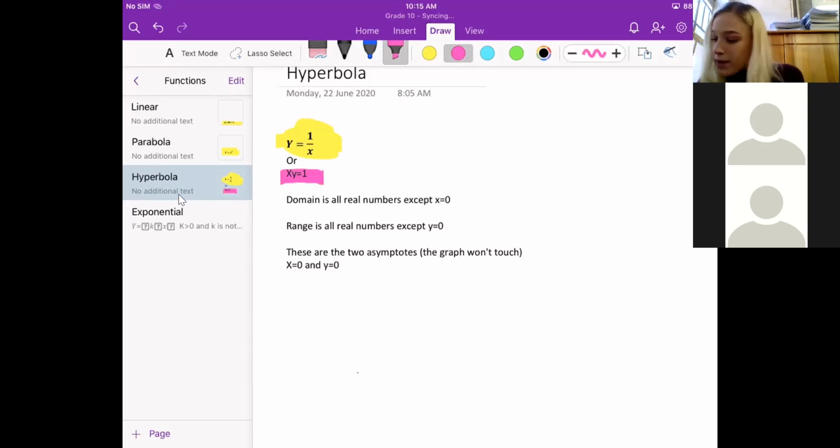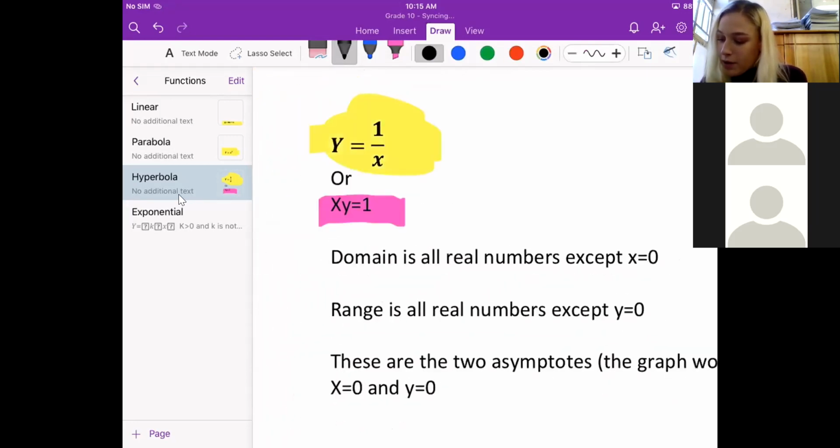But we can see from there that if we were to just manipulate our equation, we would get y is equal to 1 over x. We just divide by x on one side and we divide by x on the other side. So it's the same equation, just different forms, so that's why it's sometimes hard to tell.